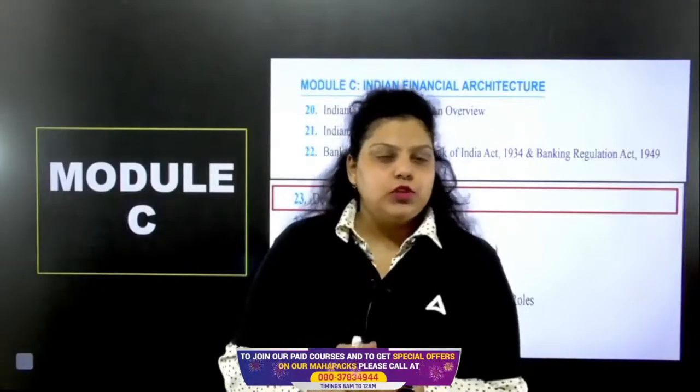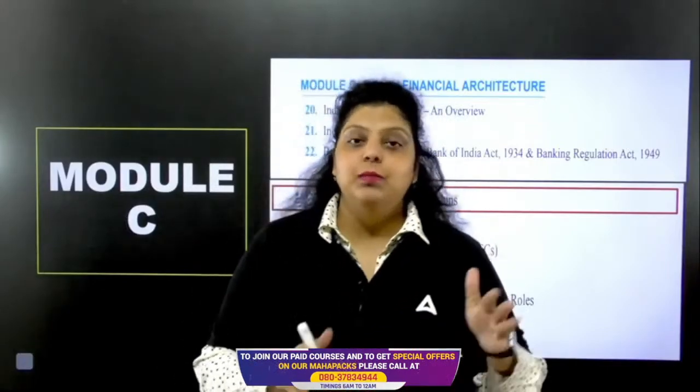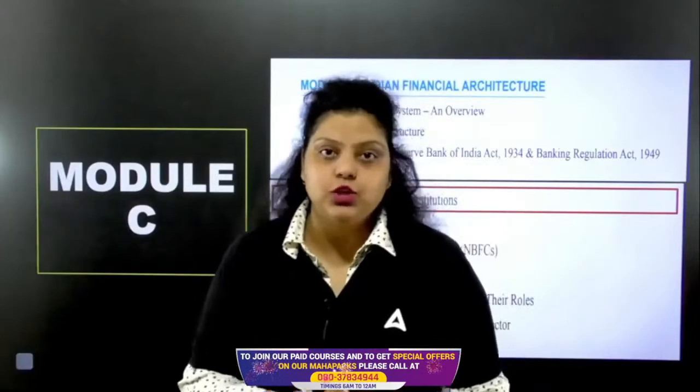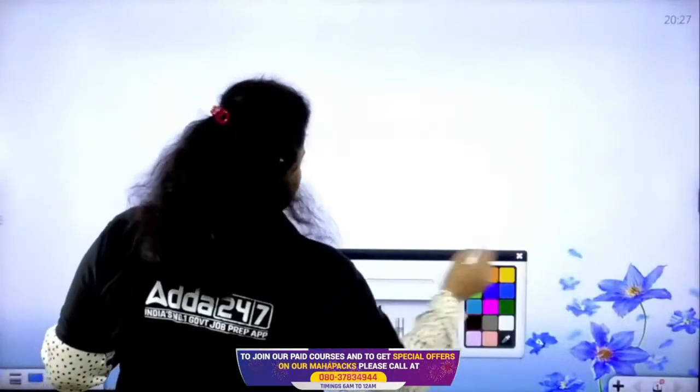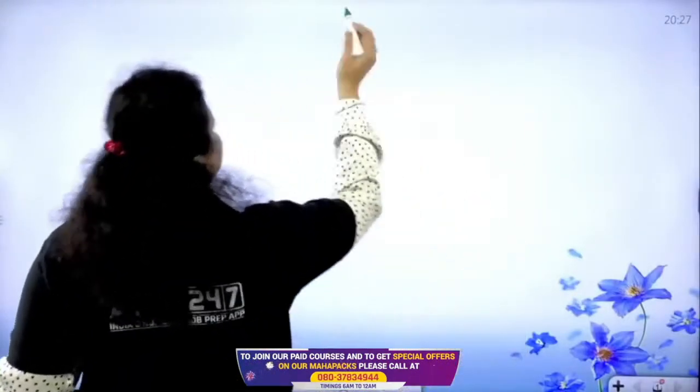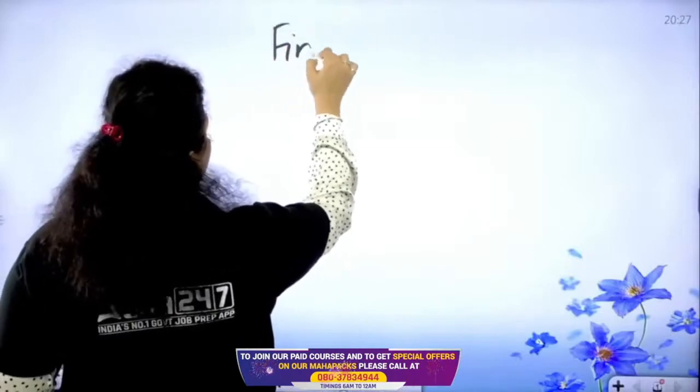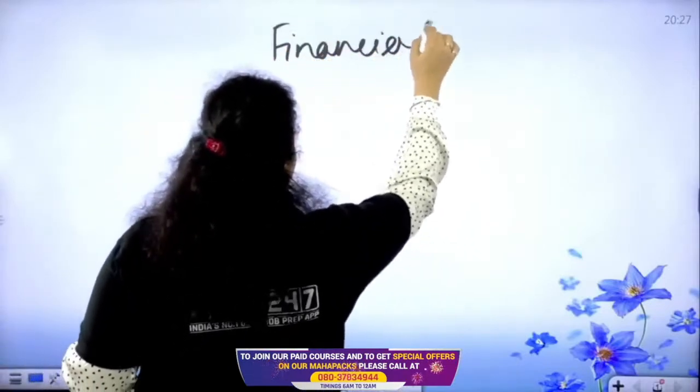And the financial institutions are divided into two categories: banking institutions and non-banking financial institutions. First you should know what the financial system means.